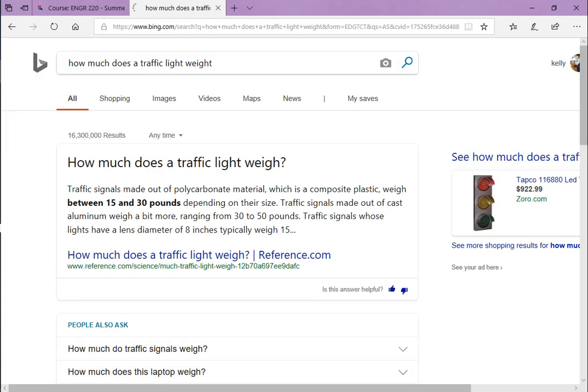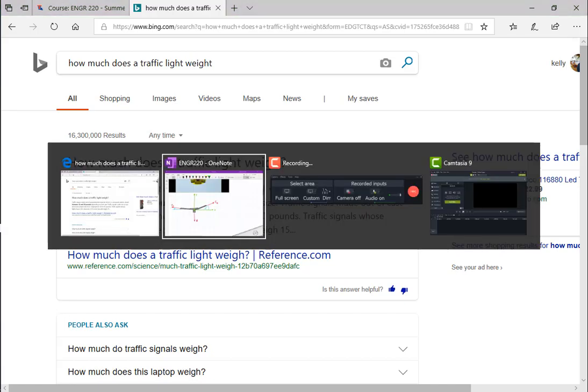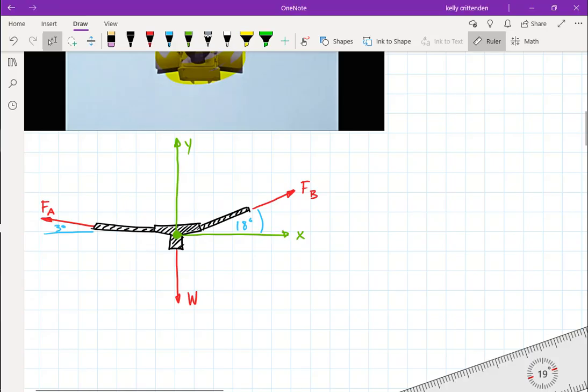There we go. 15 to 30 pounds. So let's be the most conservative. And again, this is a composite plastic one, not an old-school metal one or anything. So it looks like modern traffic lights at the most weigh 30 pounds or so. So let's be conservative and go with the 30-pound number here. So we'll put 30 pounds.